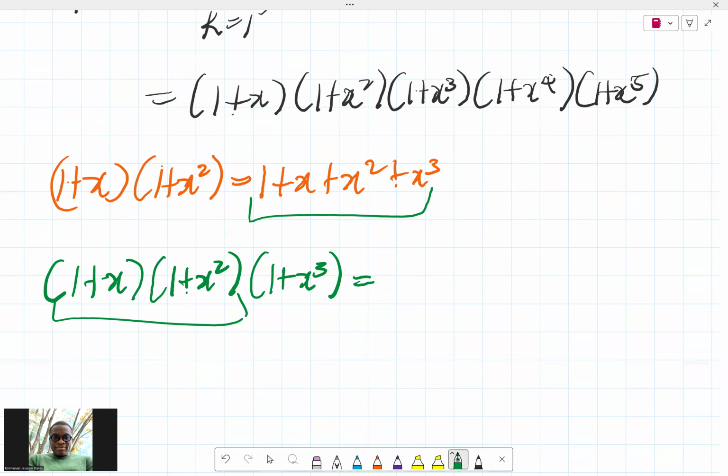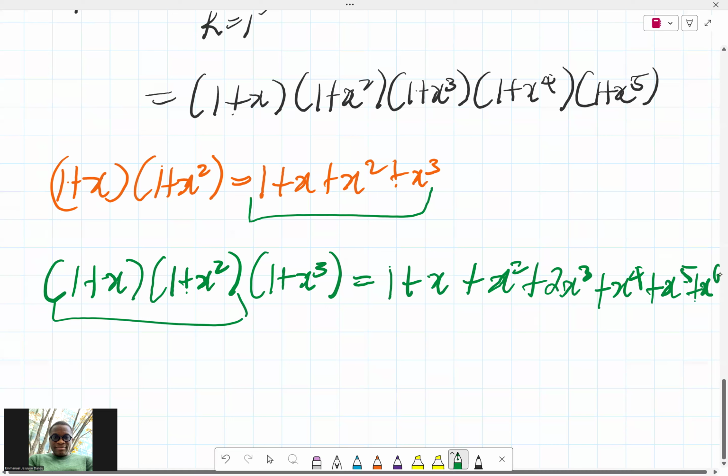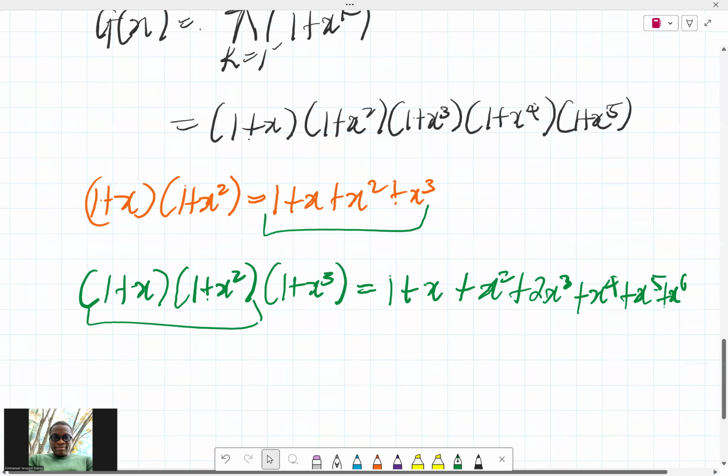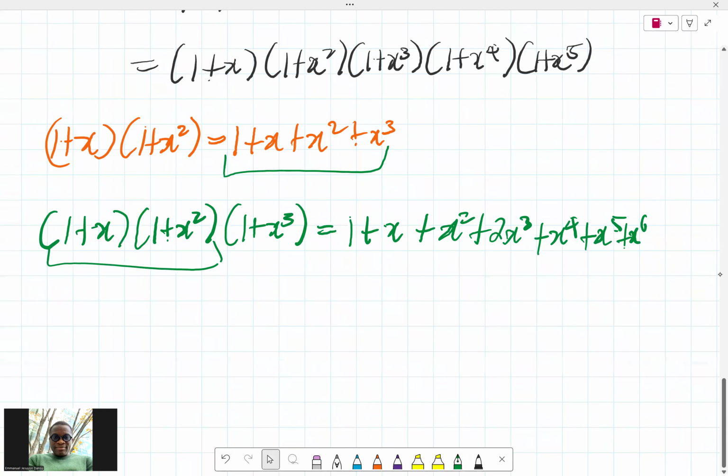And then if we do that, we end up having 1 plus x squared plus 2x cubed plus x raised to power 4 plus x raised to power 5 plus x raised to power 6. We have that. Then we go ahead again and multiply by 1 plus x raised to power 4.